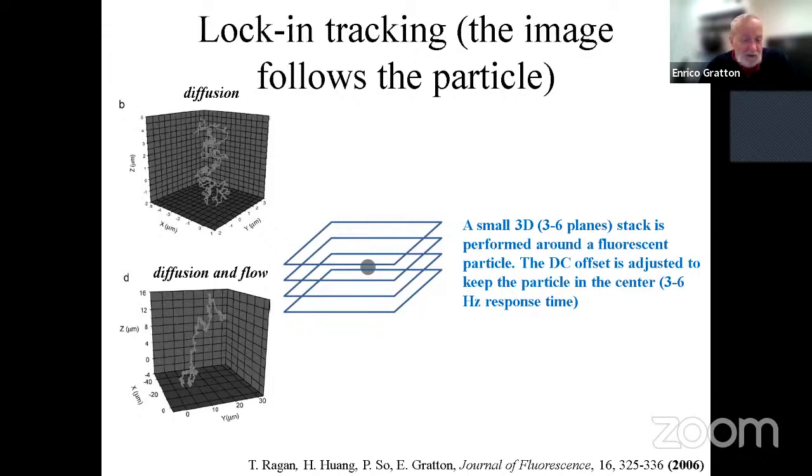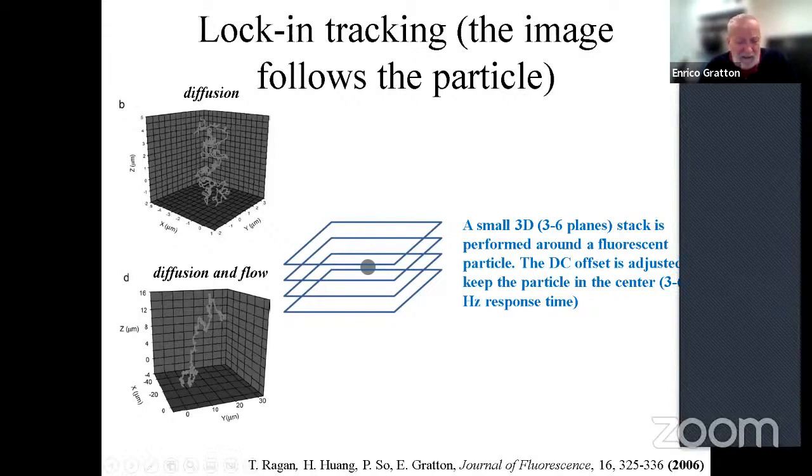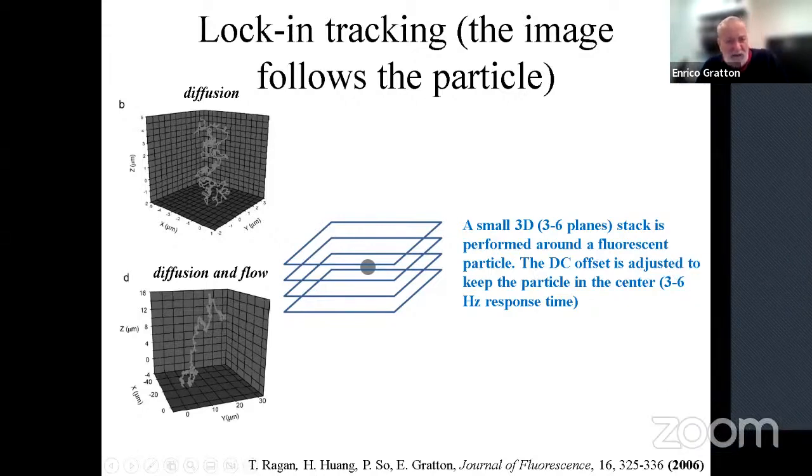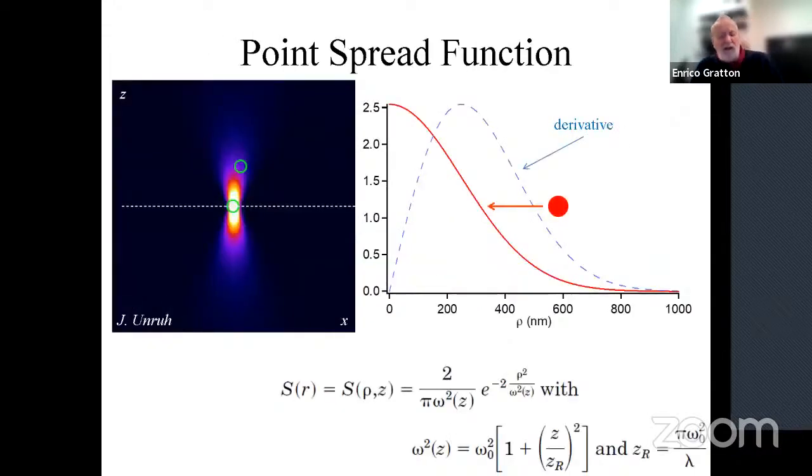So you can go one frame up and one frame down, and essentially try to track the particle, but still you lose a lot of time, because having a frame up and a frame down takes about 3 to 6 hertz response time. So this will not work for a normal particle. So next slide. Okay, now let us go to the principle we are using.